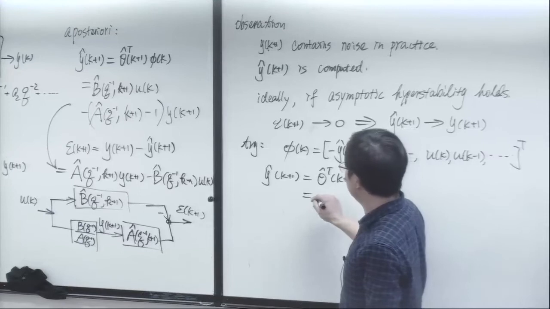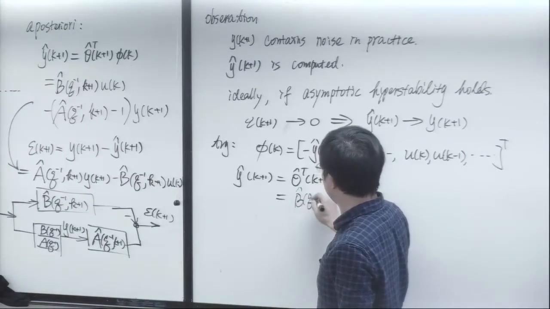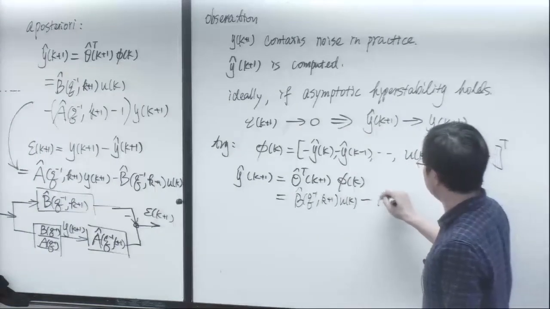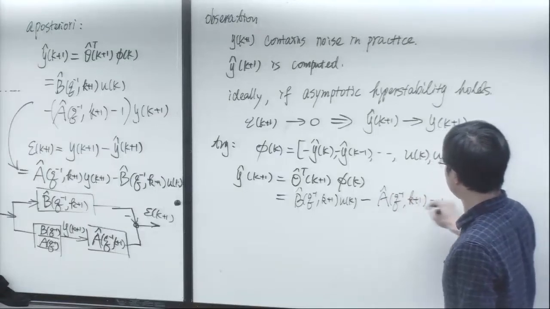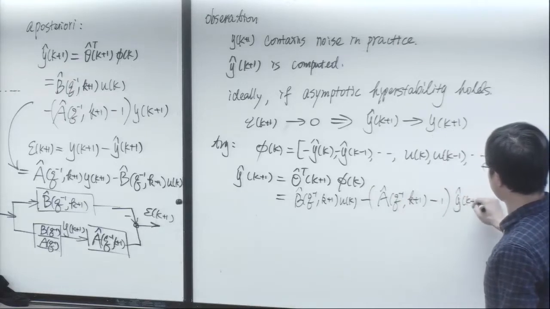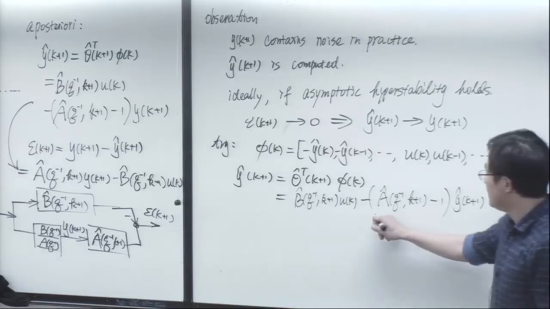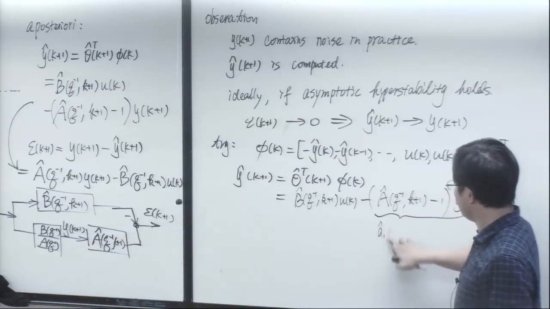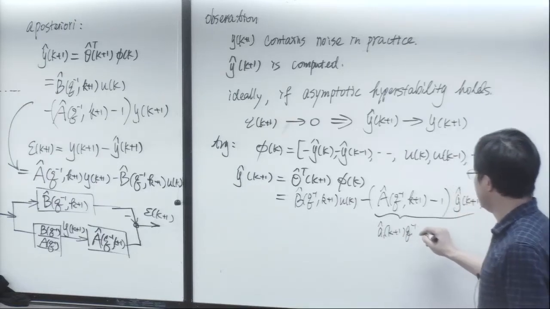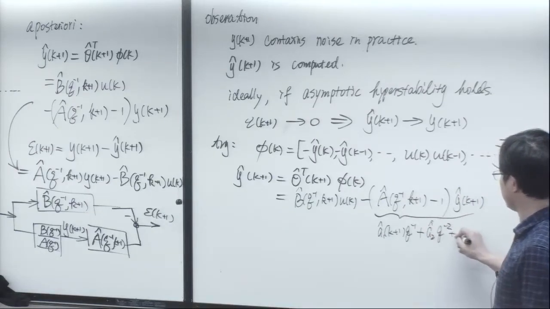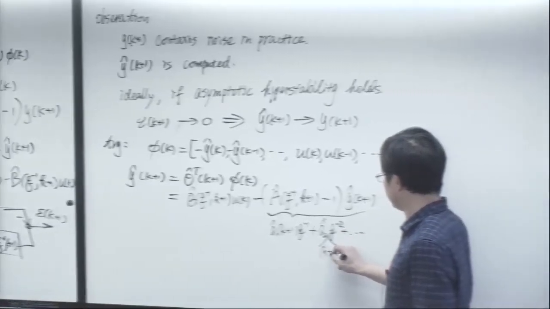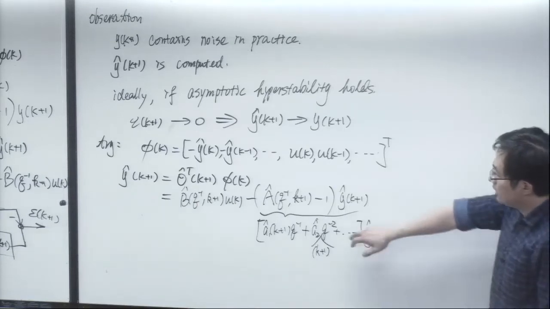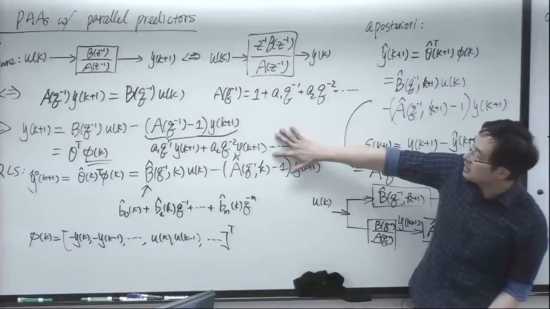It's going to become B u k, and then, all right, keep in mind again, if you write this out, it's going to become A1 q, A1 hat q inverse.